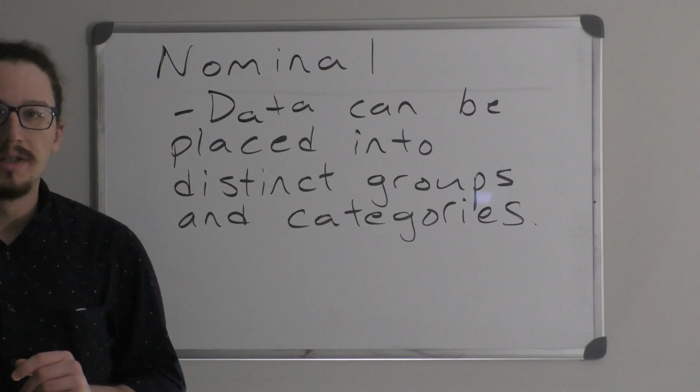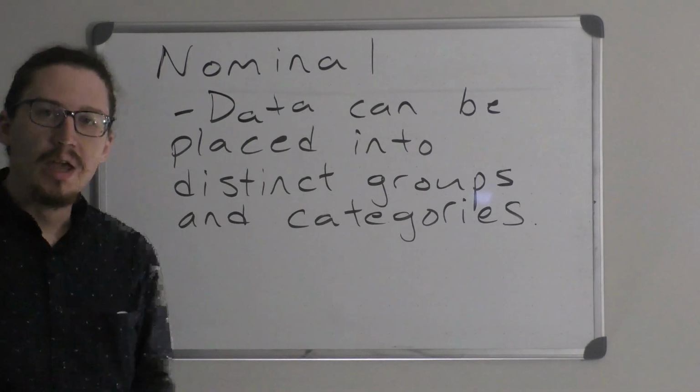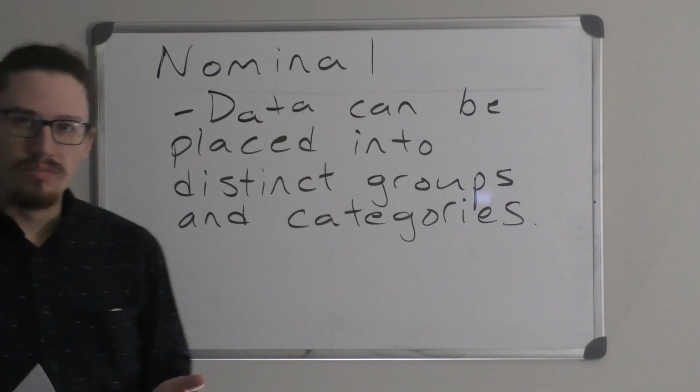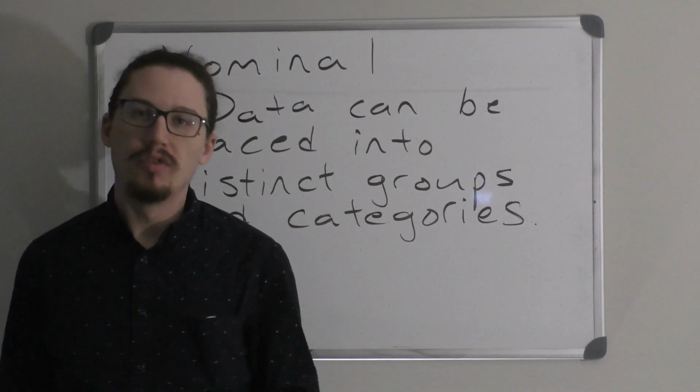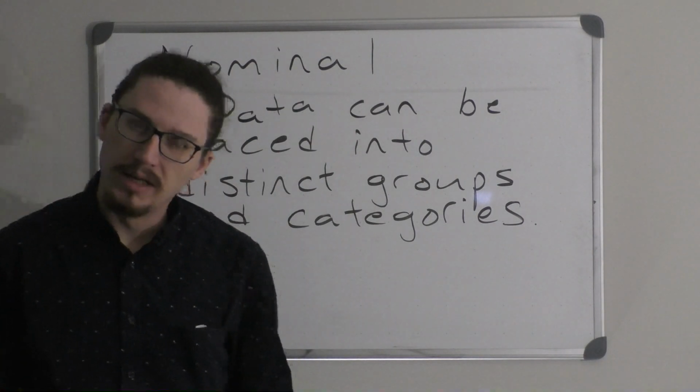Our data can be placed into distinct groups and categories, and that's really all we can do with nominal scale data. It doesn't provide us a ton of information. It's really just kind of a label, a descriptor, and that's it.